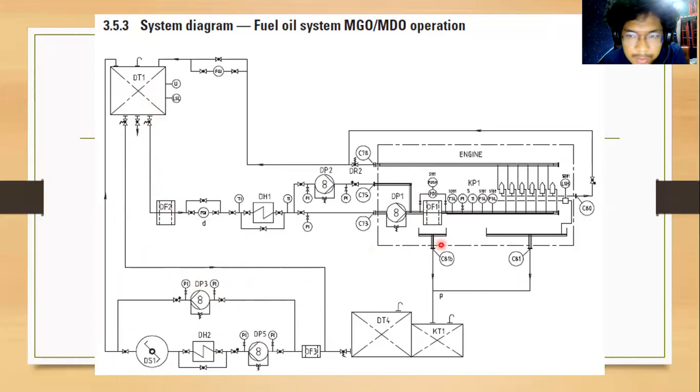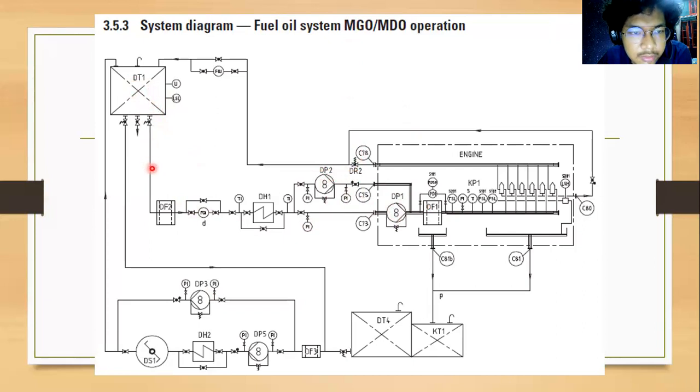For this part, the fuel is of good quality, and the fuel will be sucked by one of these two pumps, DP1 or DP2. DP1 is the feed pump and DP2 is the standby feed pump.